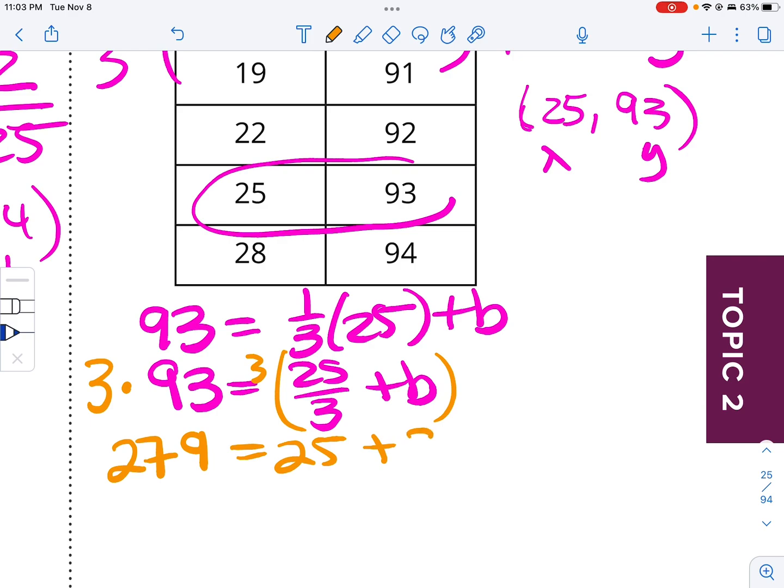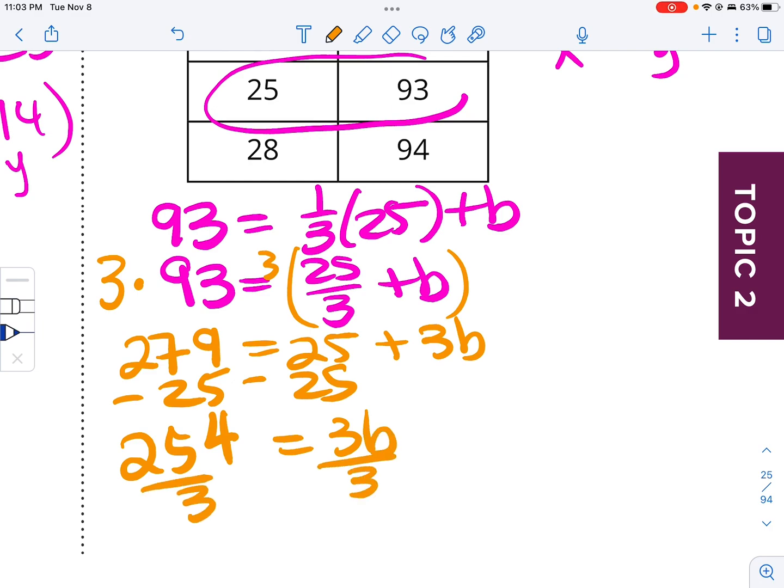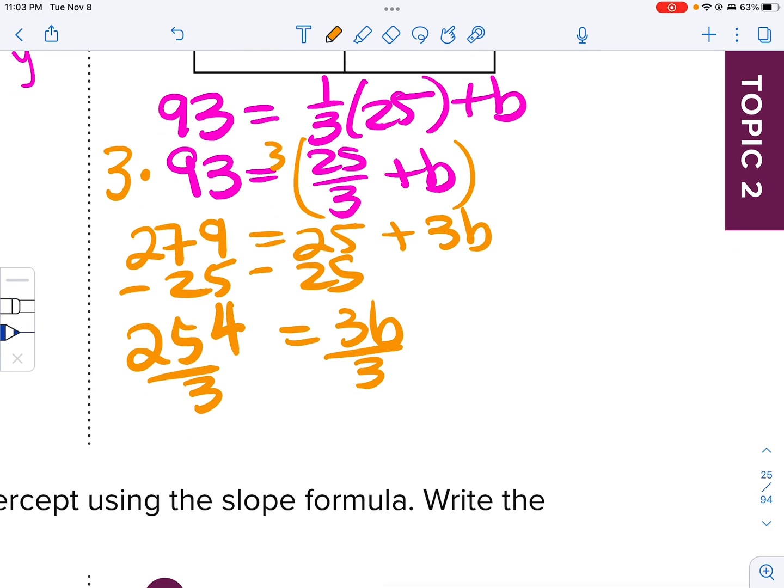25 plus 3b. I subtract 25 from both sides. It's going to get me a 4. That's going to get 5. This is going to get me 3b. Divide by 3. 3 goes into 25 8 times. Oh, that's going to be an ugly number, isn't it? 254 divided by 3.